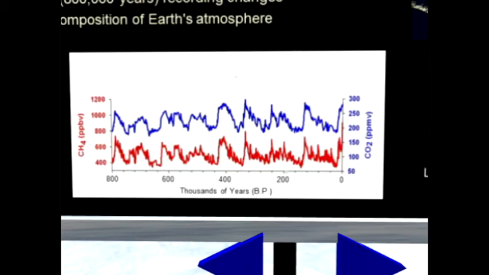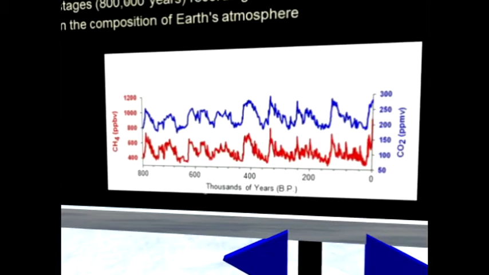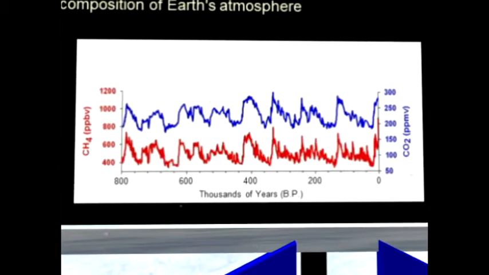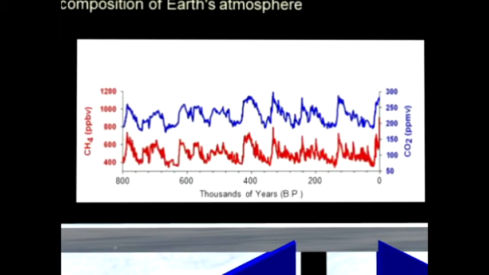And this is an 800,000-year record, meaning it's almost 1 million years long, and it's showing you 8 ice ages, 8 times when the Earth was warm like today, and then when the Earth was cold. And what you'll notice is that the red line, which is methane, and the blue line, which is carbon dioxide, go up and down together. So when it's warm, we have more of these greenhouse gases, and when it's cold, we have less.